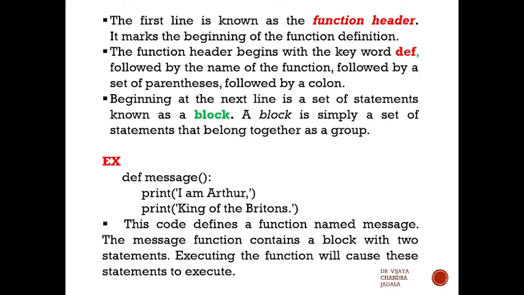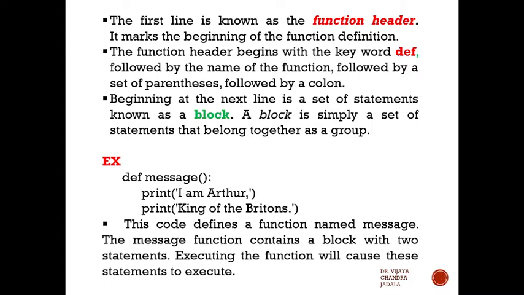Function blocks begin with the keyword def, followed by the function name, parentheses and colon. Any input parameters or arguments should be placed within these parentheses. You can also define parameters inside these parentheses. The first statement of the function can be an optional statement, the documentation string of the function, or docstring.